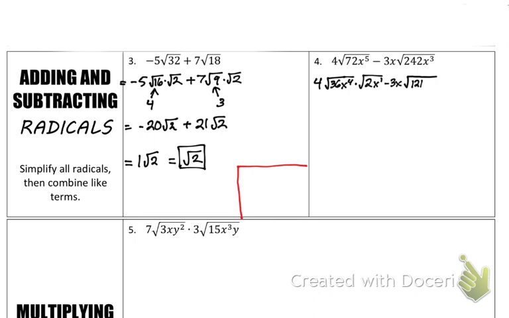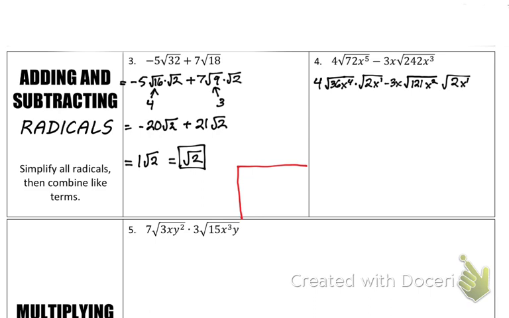I can take x squared. We know 121 times 2 would give me that 242. And then I'll have x to the 1st hanging out there. So I'm breaking it apart into things I can take the square root of and things I cannot.